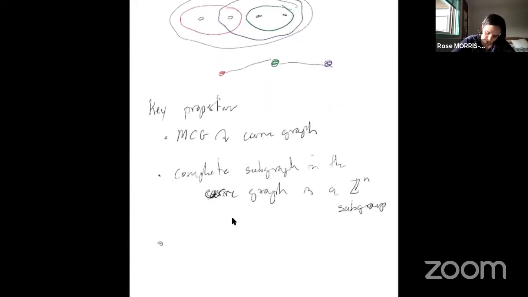And we also know that the curve graph is a hyperbolic space. This is one of the main tools we have for studying mapping class groups. It is delta hyperbolic is what I'm trying to write here.